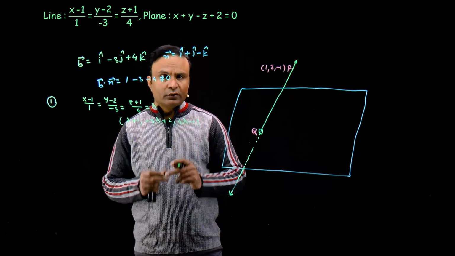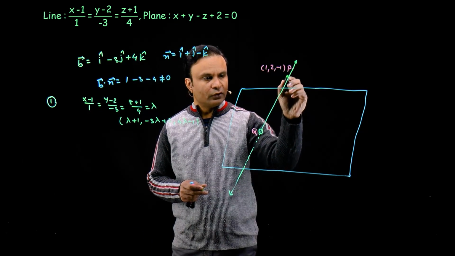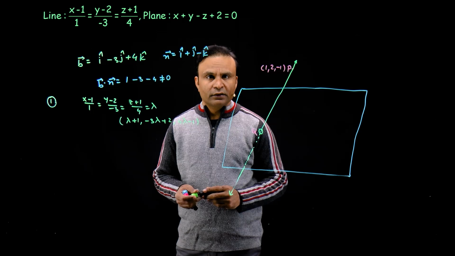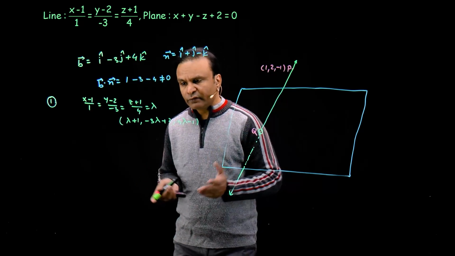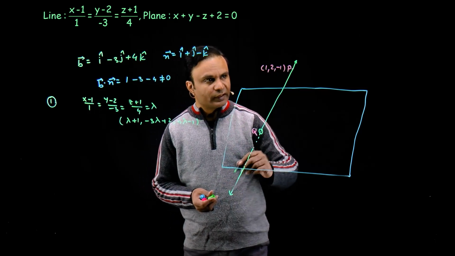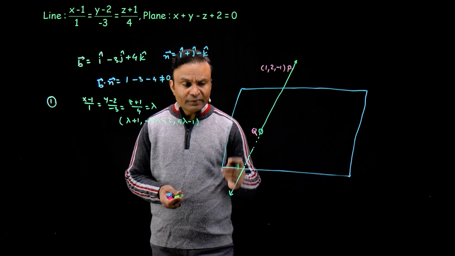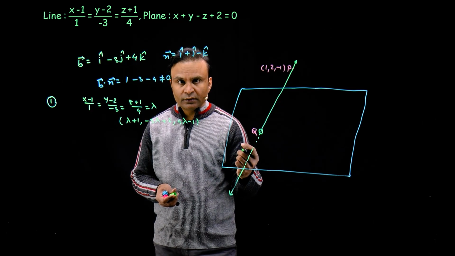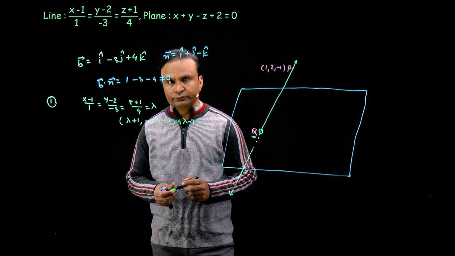Now where is this point on the line? This point may be here, here, or anywhere on the line for different values of lambda. If you take different values of lambda, you will find a number of points, but all those points will lie on this line somewhere. That means there will be some value of lambda for which this point represents point Q.